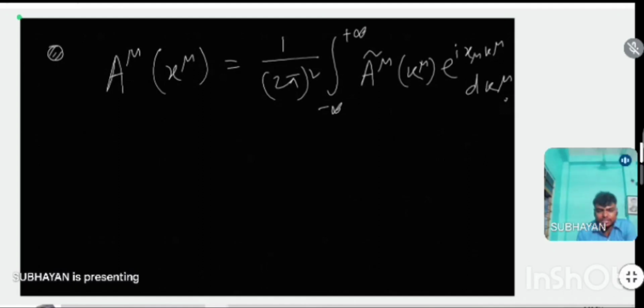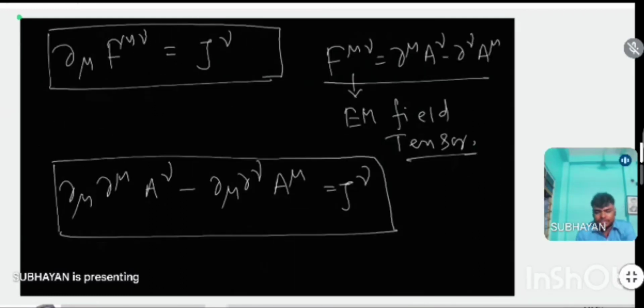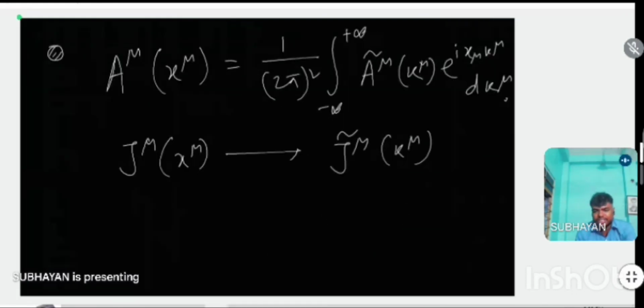Similarly, suppose the Fourier transform of J mu, which is a function of x mu, is J mu tilde, function of k. So transformation from x mu to k mu, this is Fourier transformation. Now if you put this Fourier transformation in the equation, you have the derivative with x mu of these things. So after derivative, I will find i k mu covariant and i k mu contravariant. So this is the minus. So look carefully.